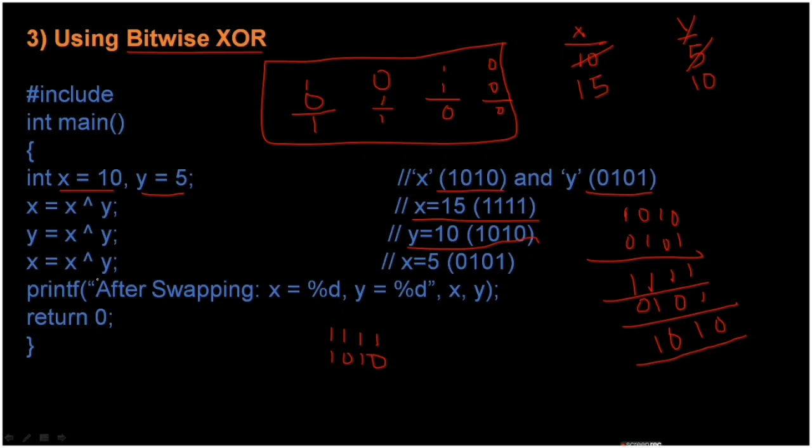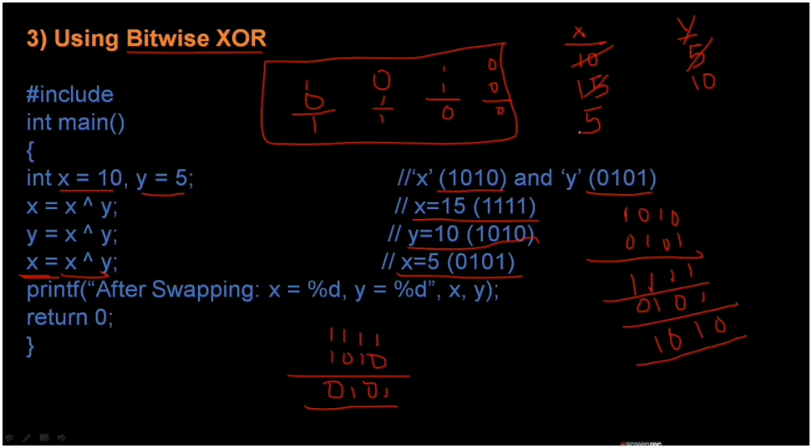We need to perform the XOR operation on x and y, and that value is stored in x. So 1 and 0 is 1, 1 and 1 is 0, 1 and 0 is 1, and 1 and 1 is 0. The decimal value of this is 5. So now x is equal to 5.